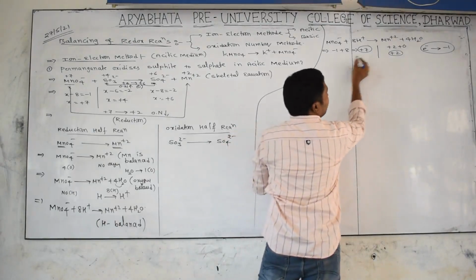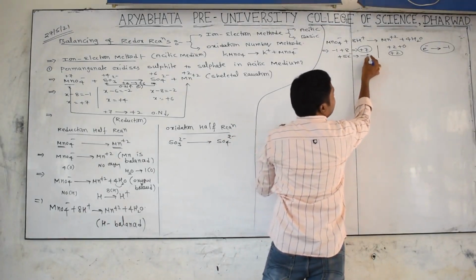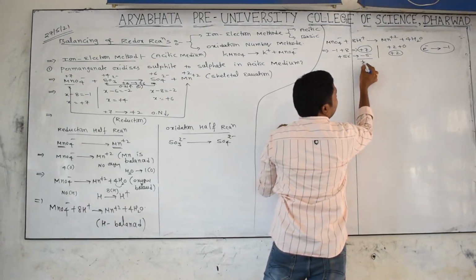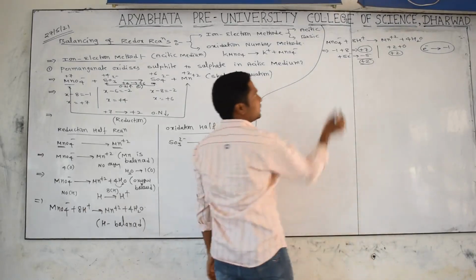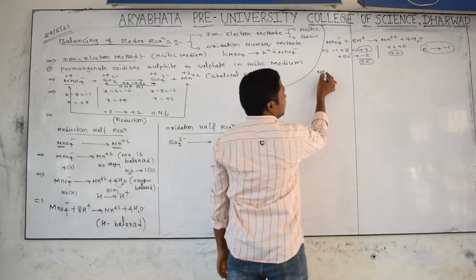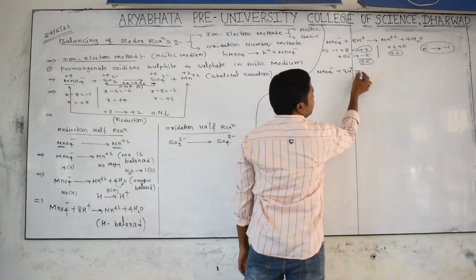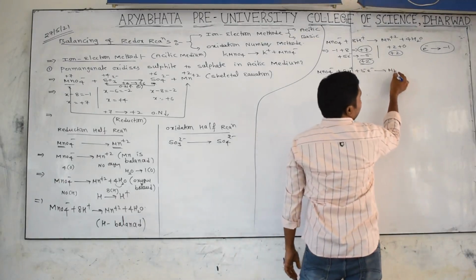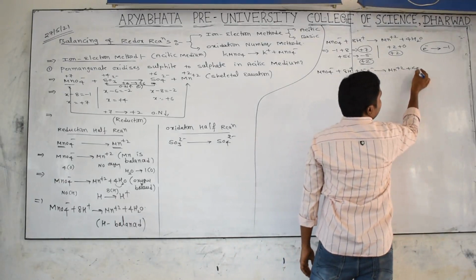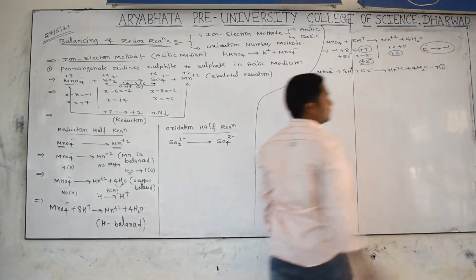Here we should add 5 electrons. 5 electrons means -5, so plus 2 remains, and the left side and right side charge will be balanced. Finally we write MnO4 minus plus 8H plus plus 5 electrons gives rise to Mn plus 2 plus 4H2O, given as equation number 1.